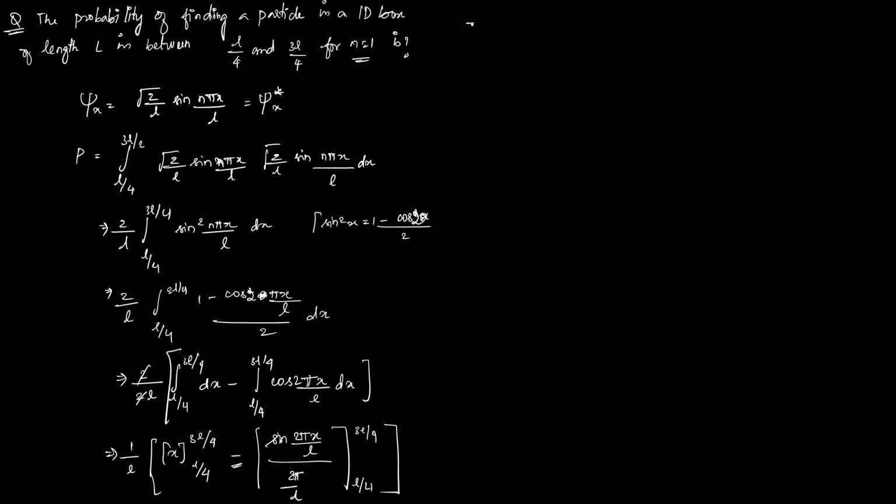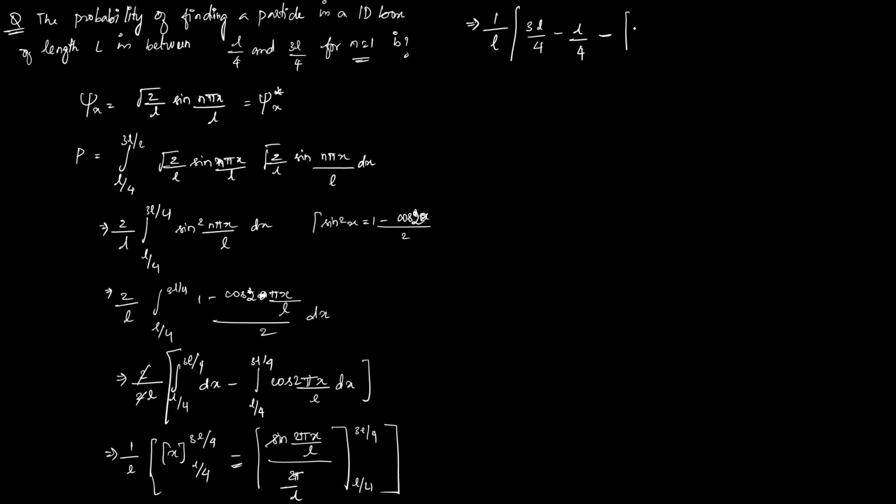So we can write this equation as 1 by π common, after this it is going to be 3L by 4 minus L by 4. Okay, you have your negative sign, so I'll keep it outside.